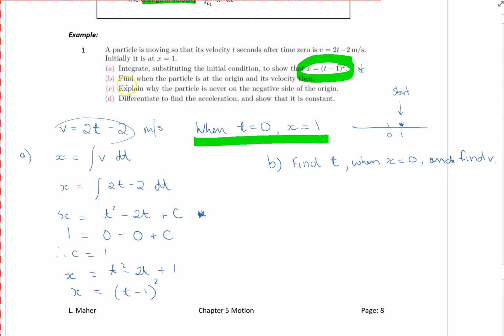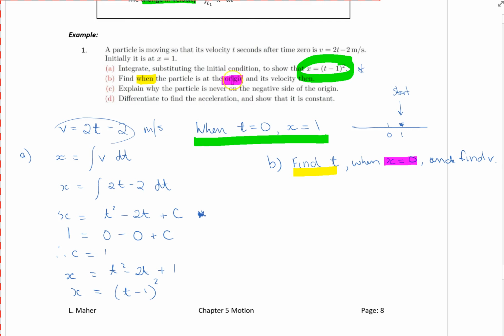So in B it says find when. What's your understanding of when? Hopefully it is find t. When a question says find when, that means you're finding the t. Find when the particle is at the origin. The particle is at the origin. What does that mean? Well, if it's at the origin, we know its displacement, and we know its location.